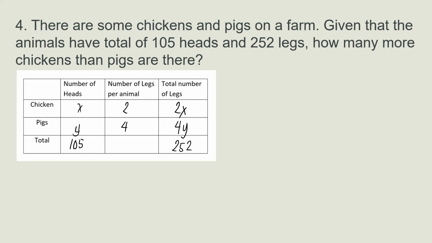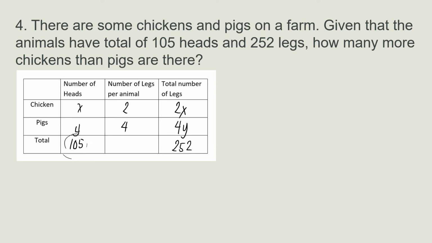Here we can produce two equations. We have the total number of heads, so if we add the number of chickens plus the number of pigs, that should be equal to 105. Same thing with the total number of legs: 2x legs of chicken plus 4y legs of pigs should be equal to 252.